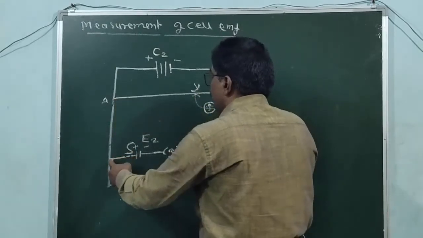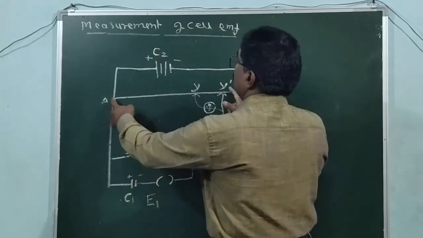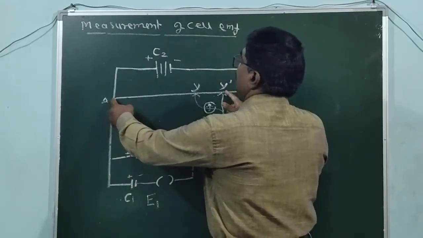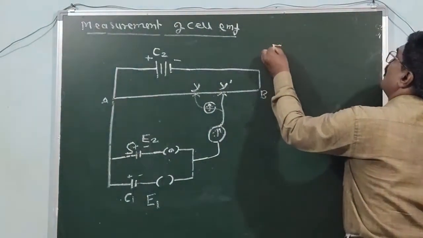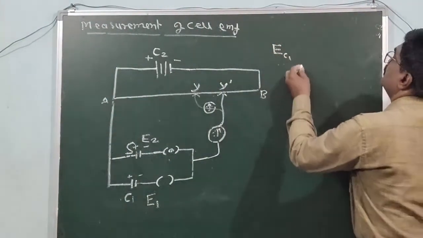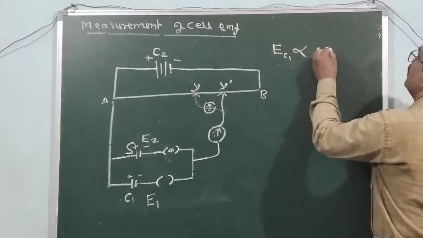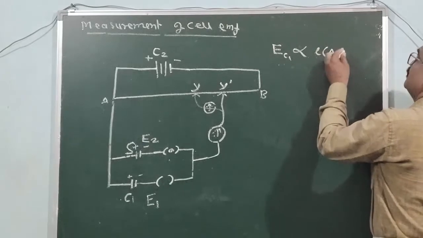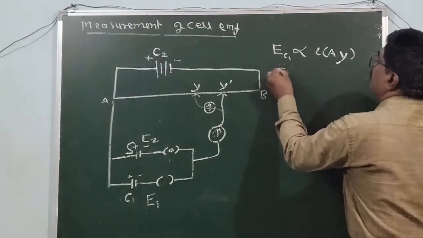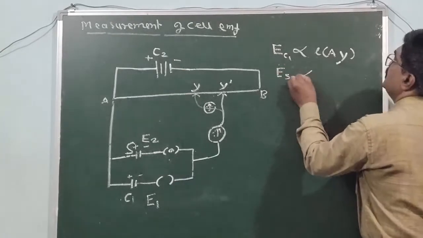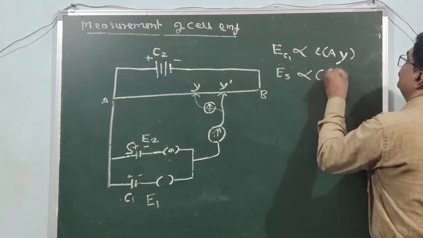And the EMF of the standard cell, that is E2, is proportional to the length AY prime. So we can write EMF of cell C1 is proportional to the length AY, and EMF of standard cell is again proportional to AY prime.